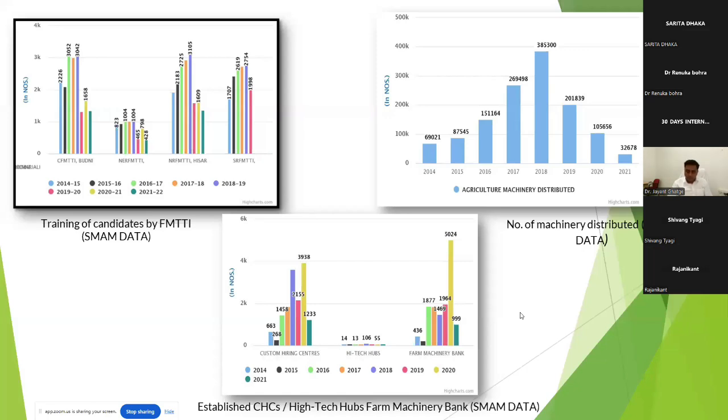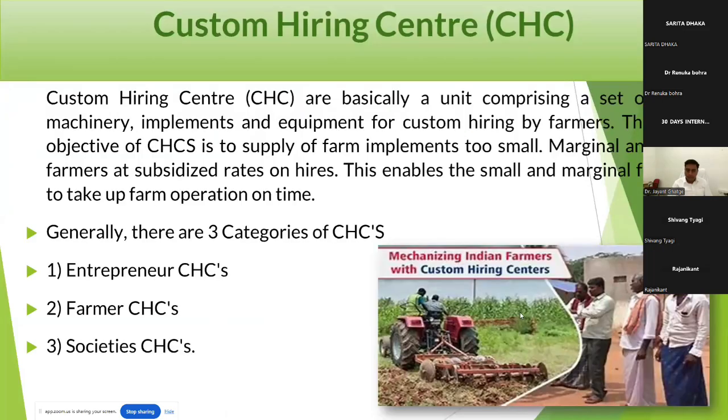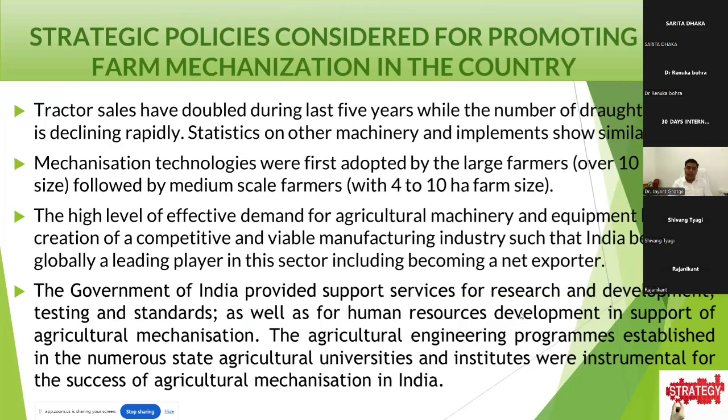If we talk about the custom hiring centers, as we already discussed, they are generally distributed in three categories: first, entrepreneur custom hiring centers; second, farmer custom hiring centers; and third, societies custom hiring centers. Under these three categories, the government is providing the availability of different kinds of machineries for different regions of the country to promote mechanization.